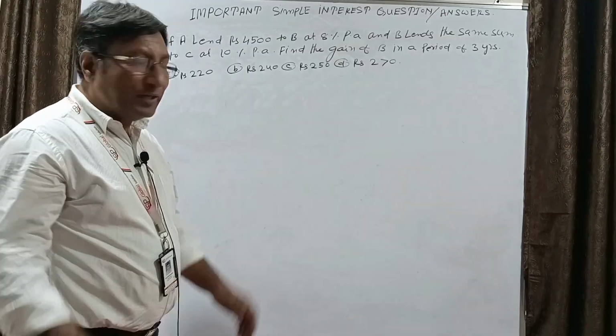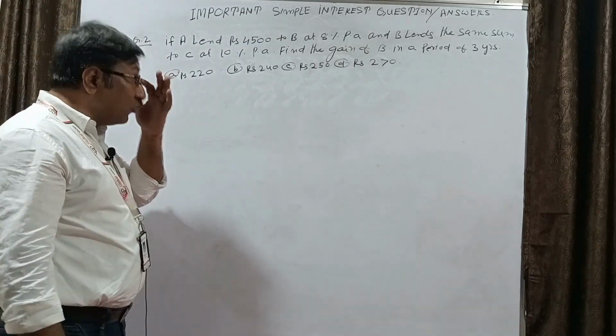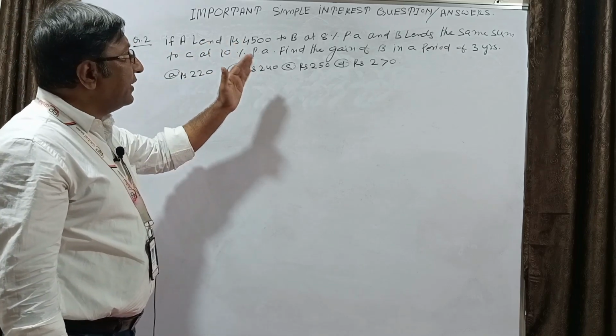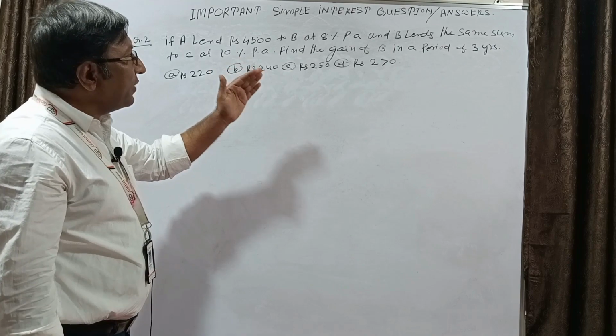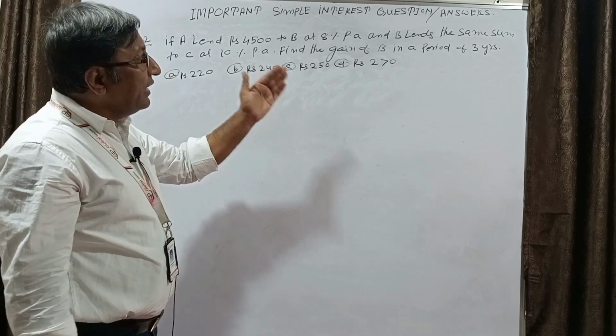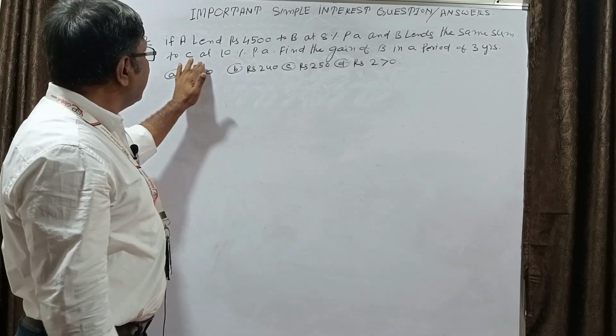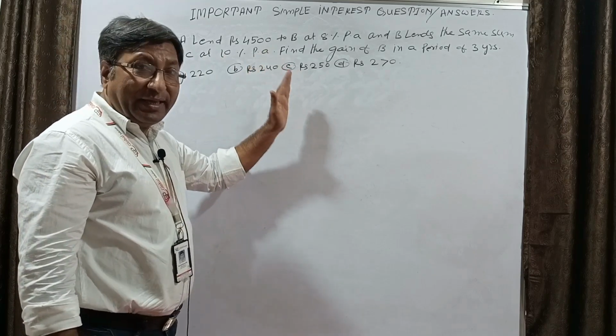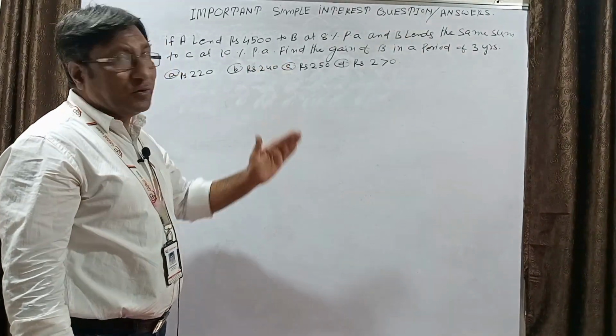Now see the second question. If A lends rupees 4,500 to B at 8% per annum and B lends the same sum to C at 10% per annum, then find the gain of B in a period of 3 years.